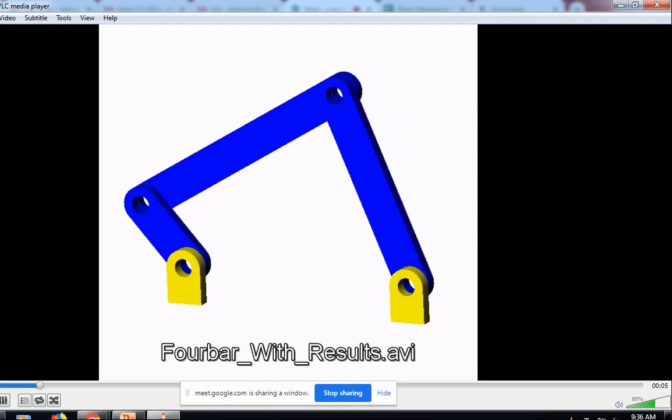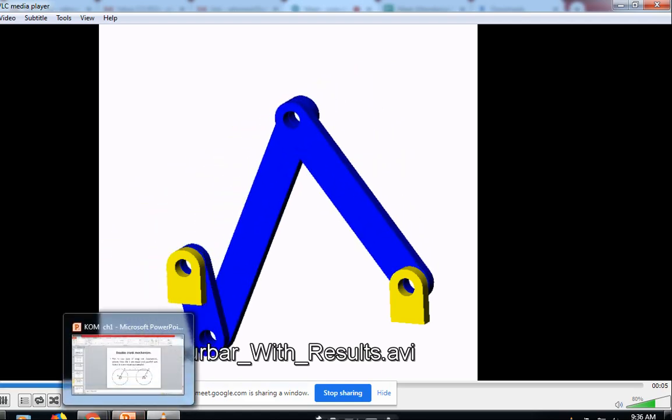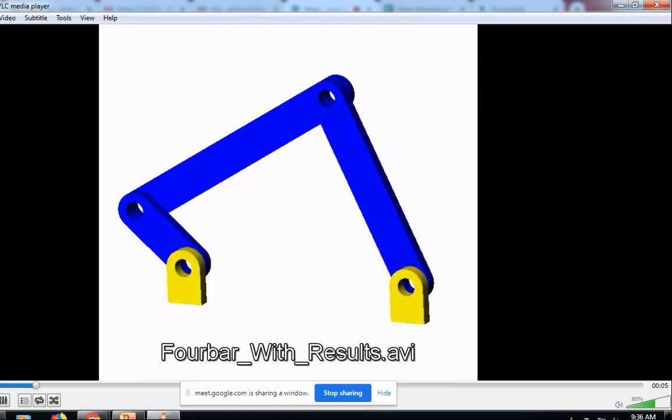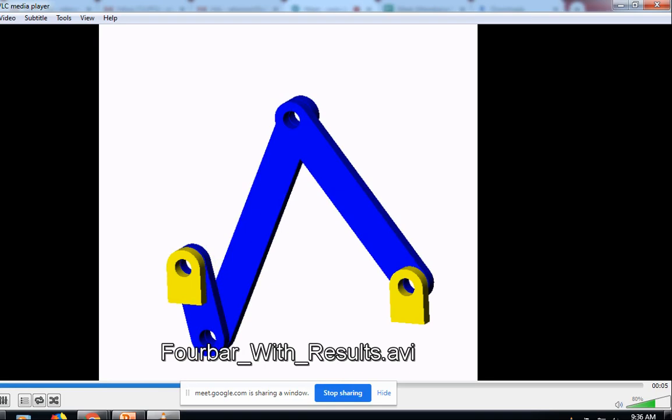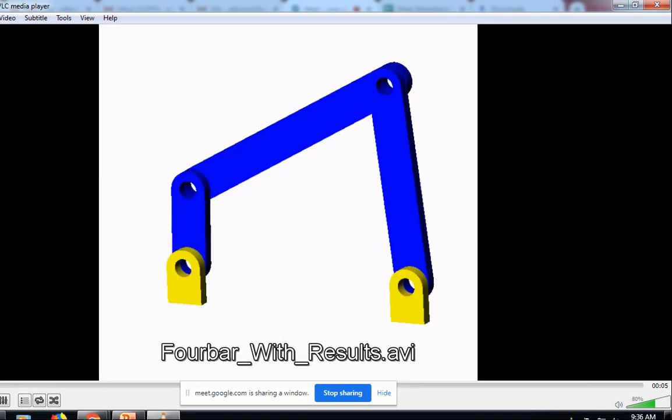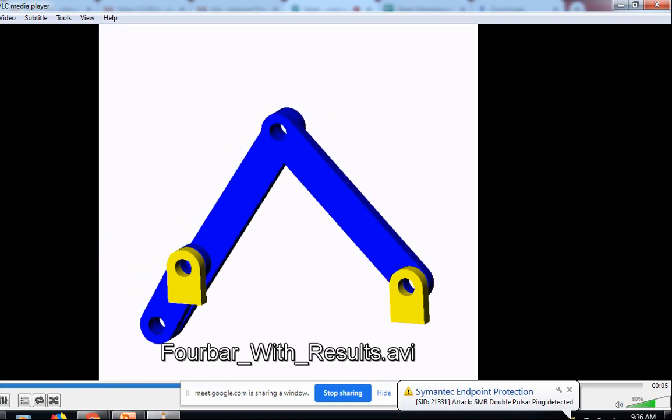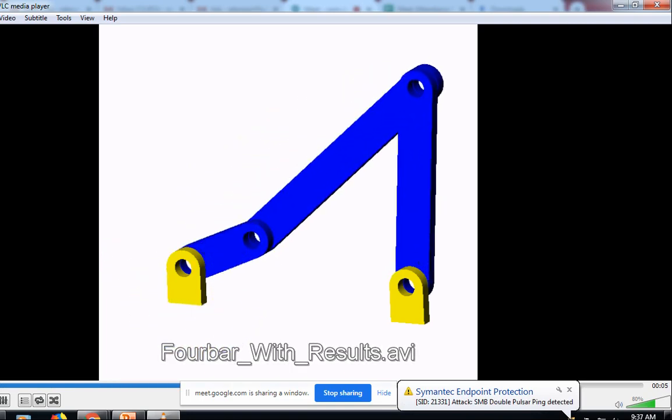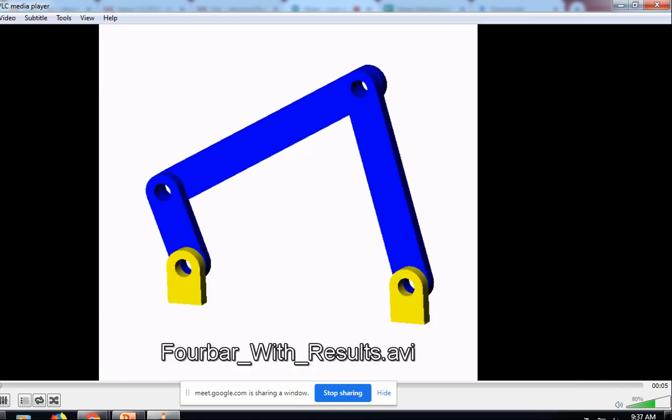Yes, sir. Okay. Can you tell me what type of inversion this can be? So this entire small link is having complete rotation, whereas this one, link number 4 or the rocker part, only oscillates. Okay, so we have to remember with respect to name.